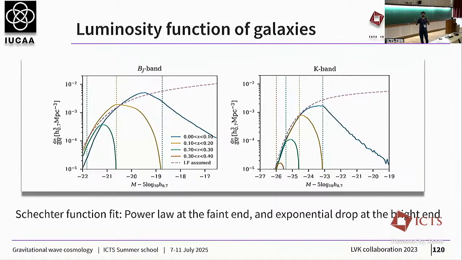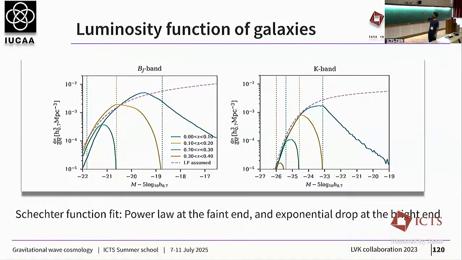Just because you have more dark matter, more gas pours in, and you will form more galaxies or bigger galaxies. So you expect a scaling relation between the luminosity of a galaxy and the dark matter halo mass. And if that is the case, then you expect that the functional form you had for the halo mass function will also be imprinted on the luminosity function of galaxies. So that's what you see.